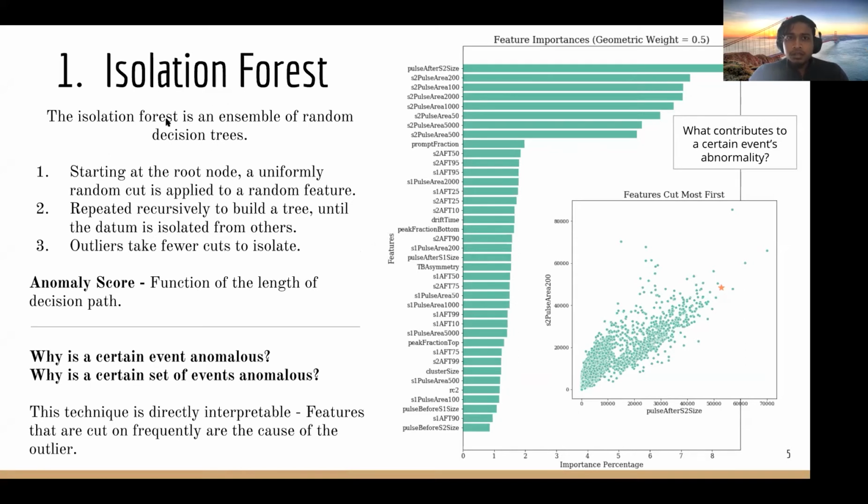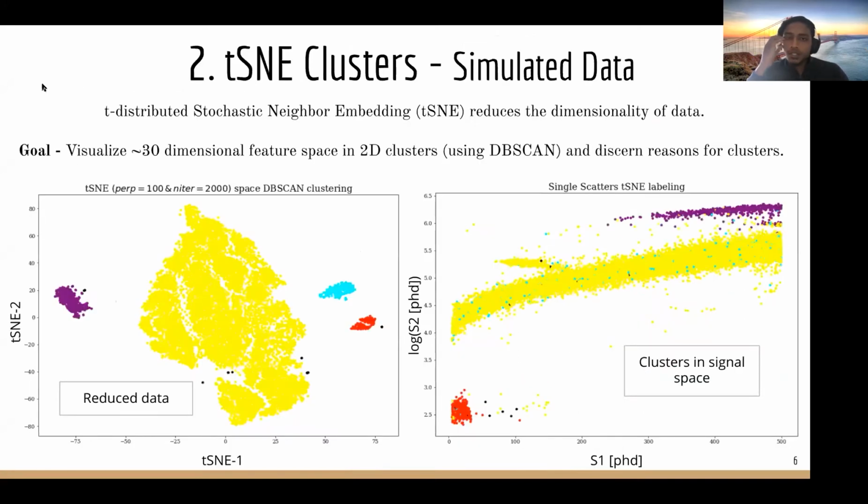Okay. So switching gears to t-SNE clusters. t-SNE is a more involved, sophisticated algorithm for dimensional reduction. The main goal here is to go from our very large 30-dimensional feature space and compress it down to fewer dimensions that we can visualize and work with.